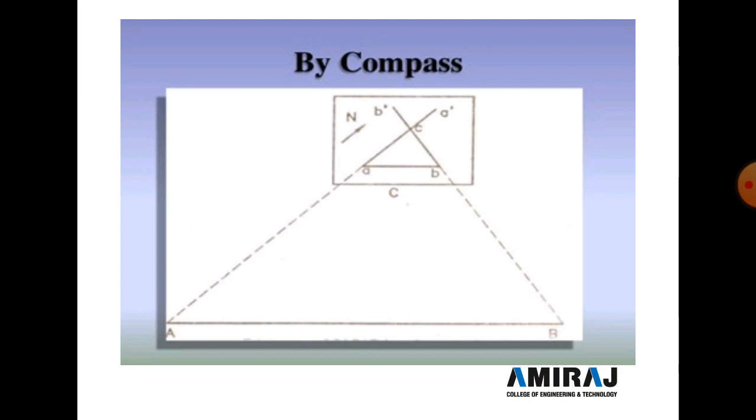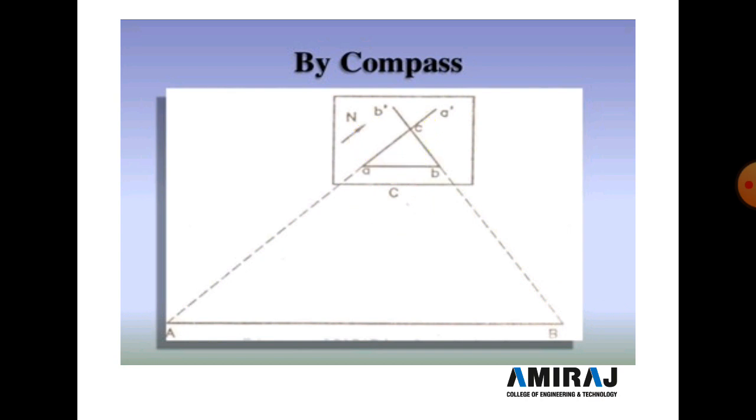Let A and B be visible from the station, which have been plotted on the sheet as small a and b. These two points are already on the ground as capital A and capital B. Let C be the instrument station, marked as point C on the ground.